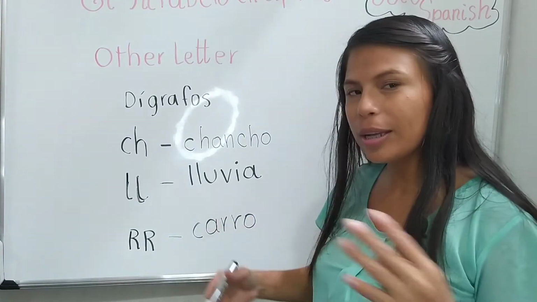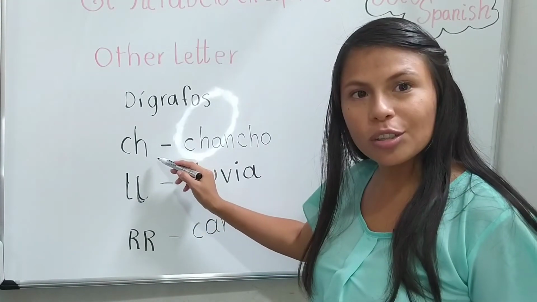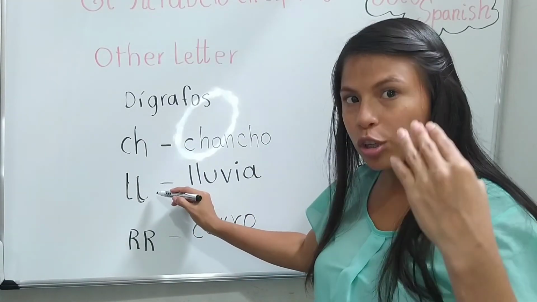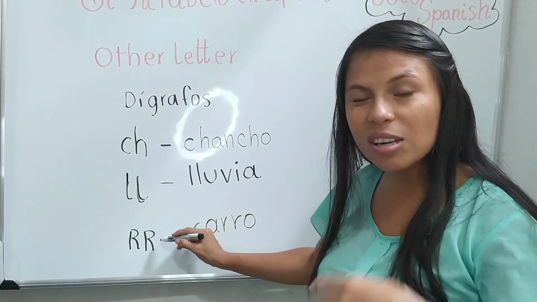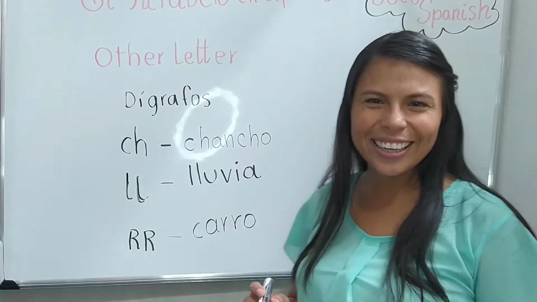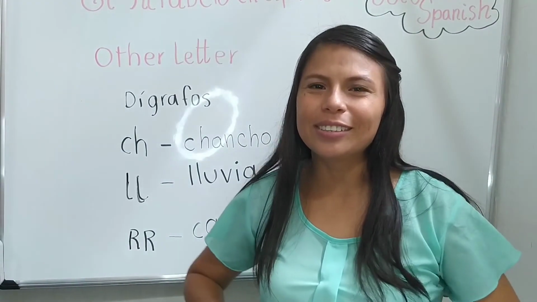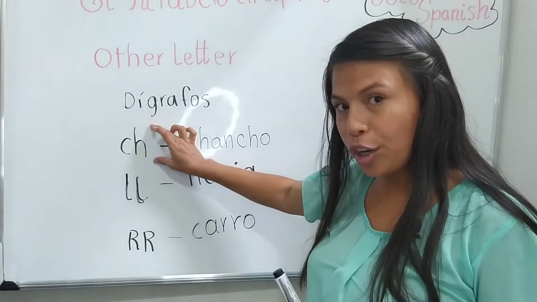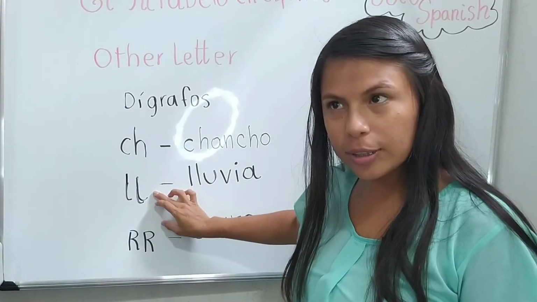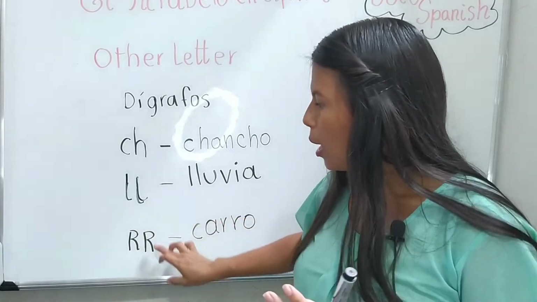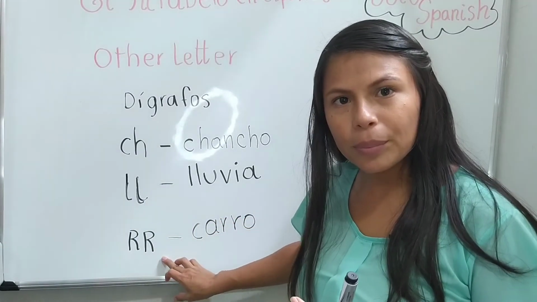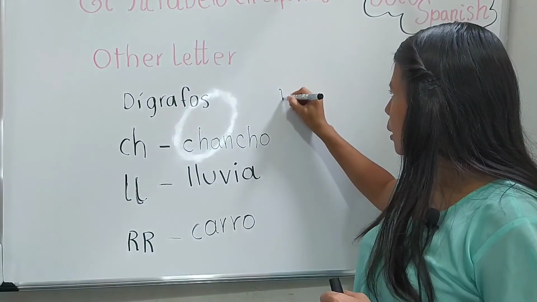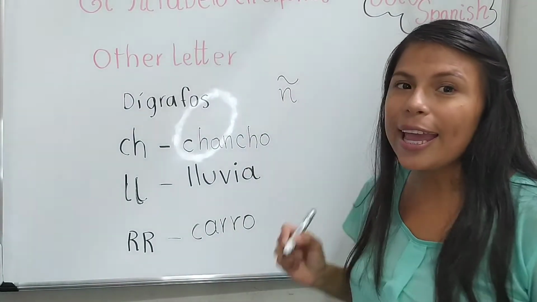Okay, let's do it again. It's so fun, I know, it's so funny. And this is called che, double L, some people say eye, and double L. It is another letter, it's called ñ.